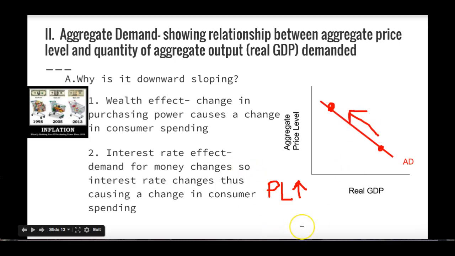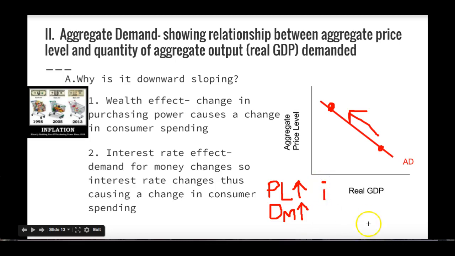As our price level is going up, what happens to the demand for money? Our demand for money is going to go up as well, right? Since everything costs more, we're going to need more money to be able to buy stuff. Now, because our demand for money goes up, what happens to the interest rate on things like loans?